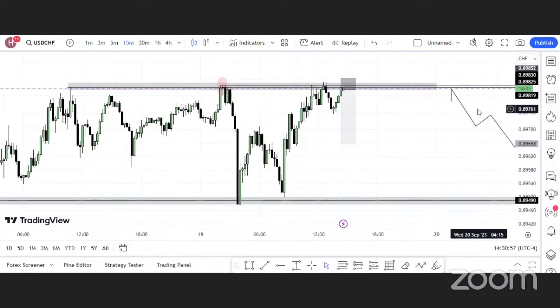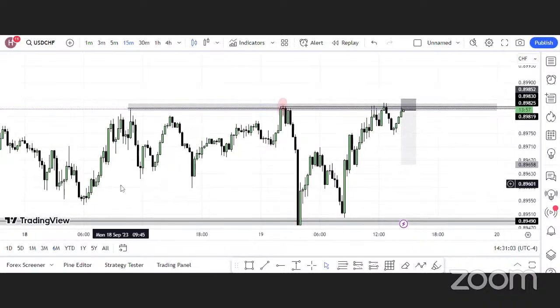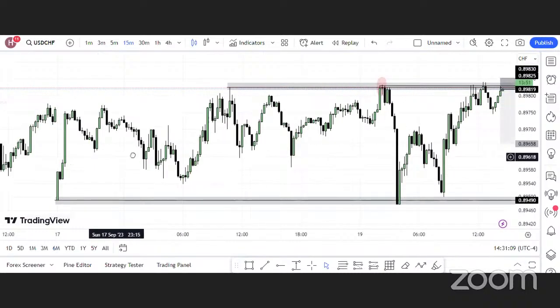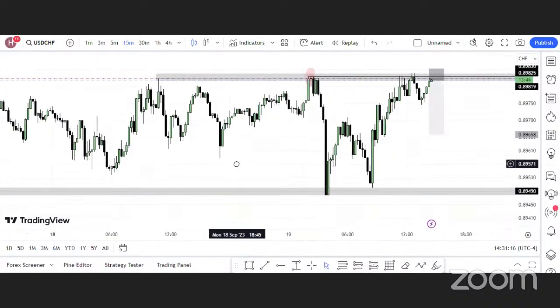Let's continue. So now let's look at the different reversal patterns, where they happen on a live market. And guys, this doesn't happen every time. Even with a reversal pattern, it doesn't mean that you won't miss entries.